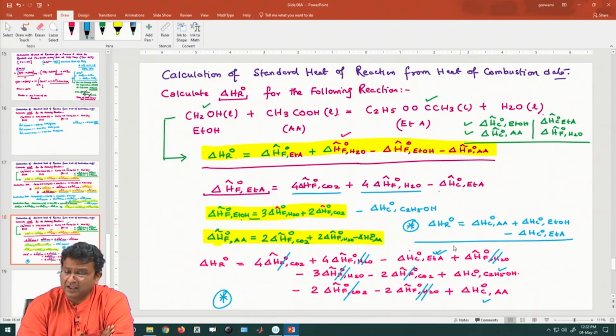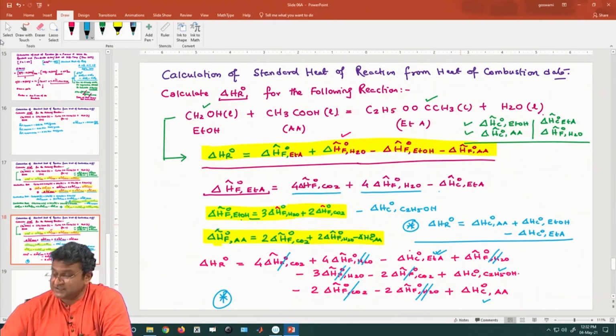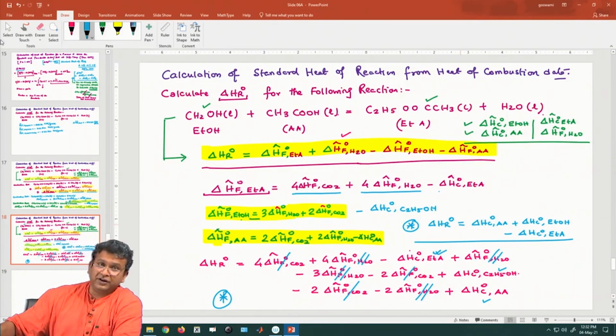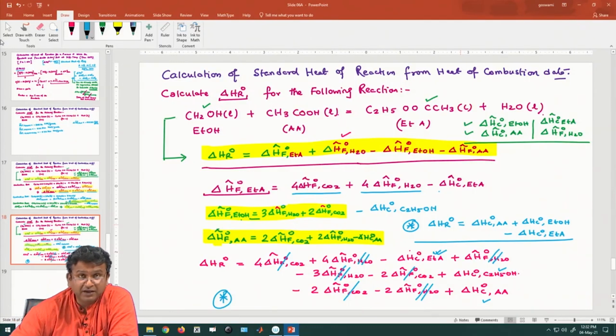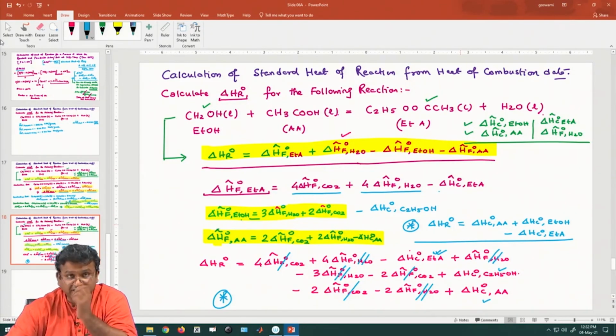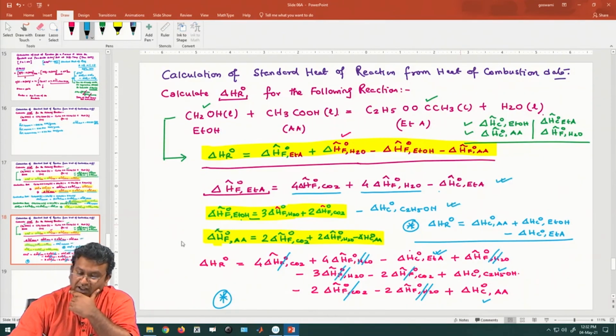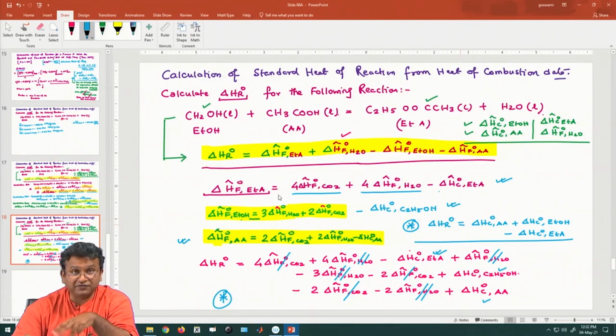So, this way there can be n number of such examples, and I would request you to look into Himmelblau's book and practice some. This way, with heat of combustion data, you may not waste your time in calculating the heat of formation values. Of course, each of these reactions can now be used to calculate the heat of formation value of these organic compounds, right.